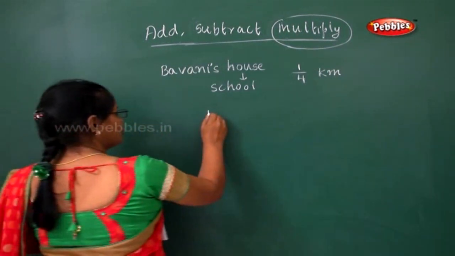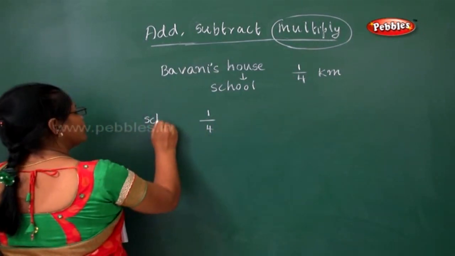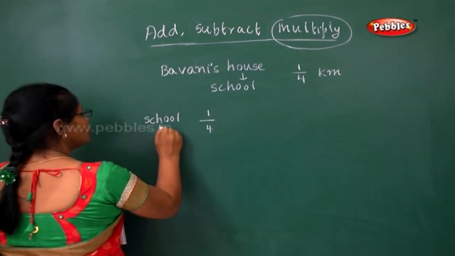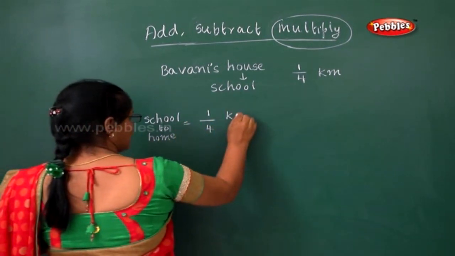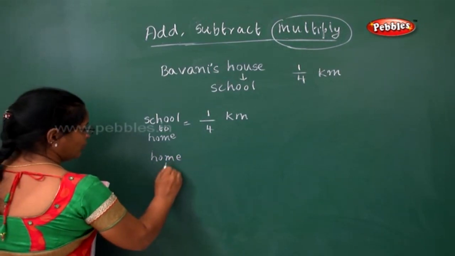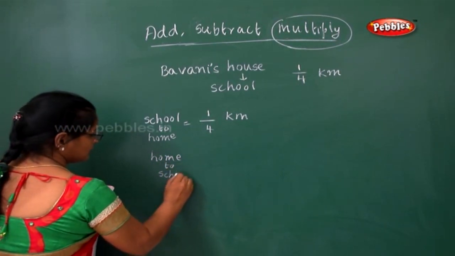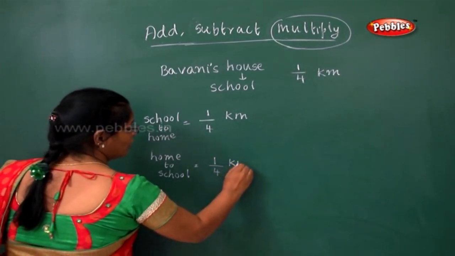From her home to school it is 1 by 4 kilometer, and from school to home it is 1 by 4 kilometer.